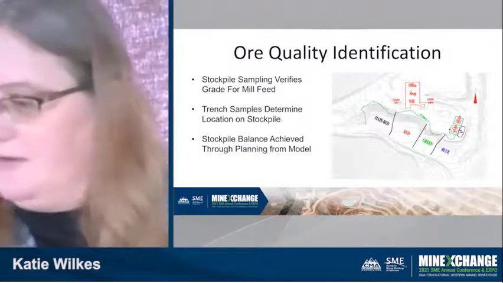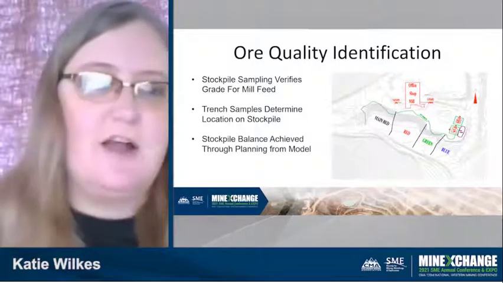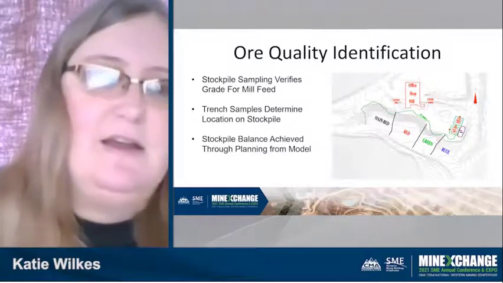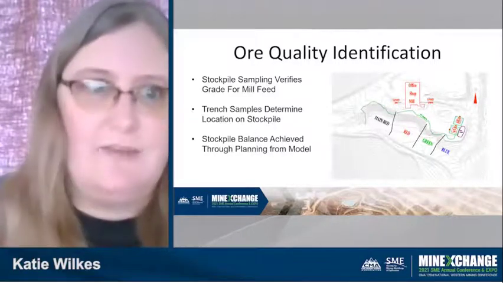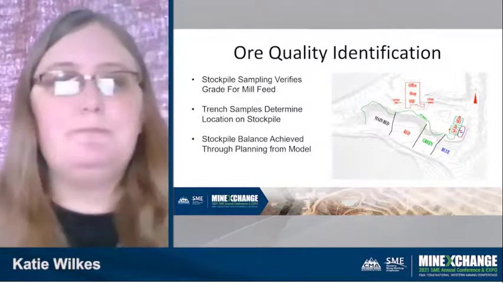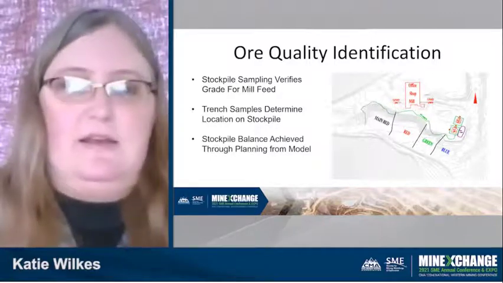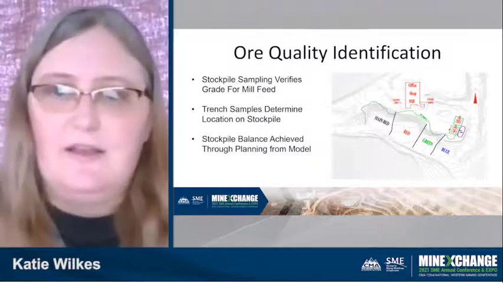So now we're not looking at the model anymore because we've made it to the stockpile. And of course, you're probably going to be sampling the stockpile to verify the grade for your mill feed. And you've been hauled here based on the trench samples. And that's where you're at.